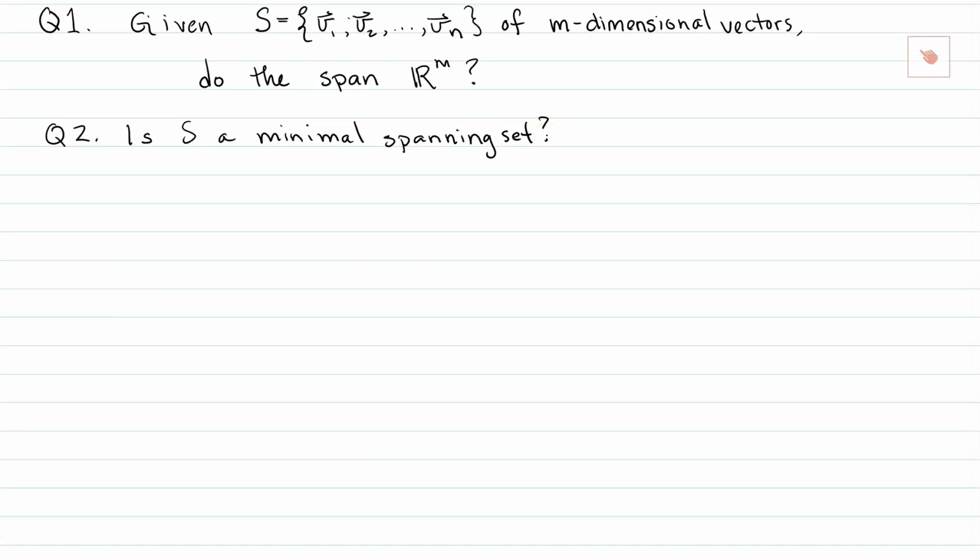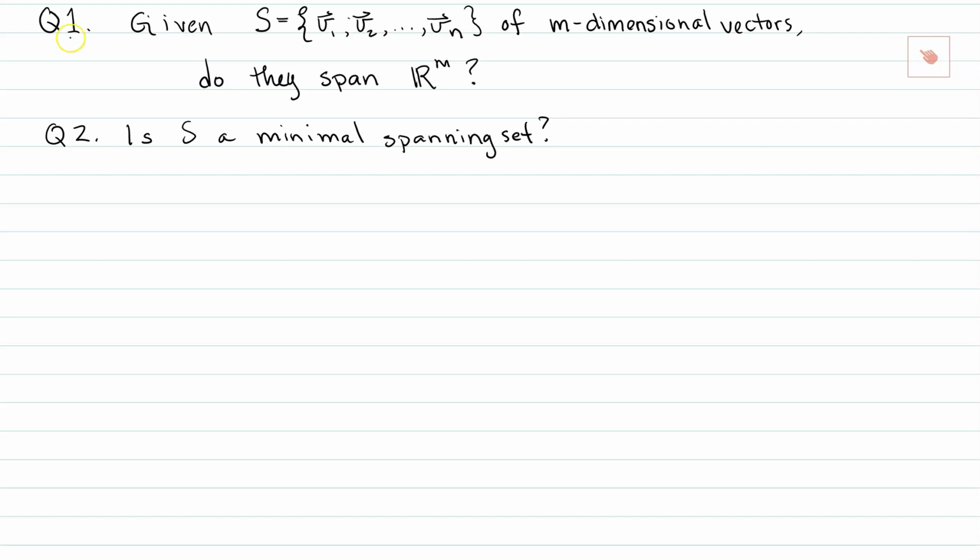So these are the two questions I want to address in the next couple of examples. The first one says that if we're given a set of m-dimensional vectors, do they span Rm? In other words, are you able to write down every vector in m-dimensional space as a linear combination of those n vectors? Given that S does span the space, we can ask, is it minimal?